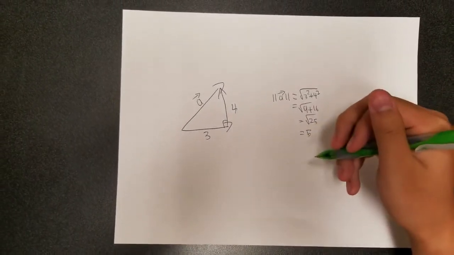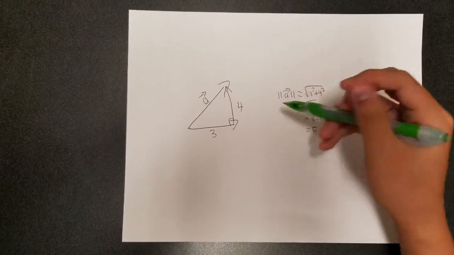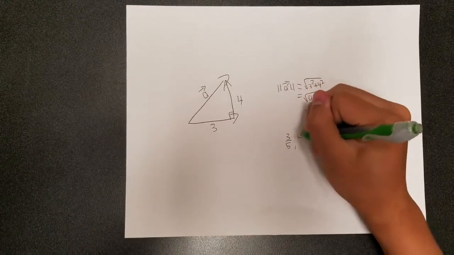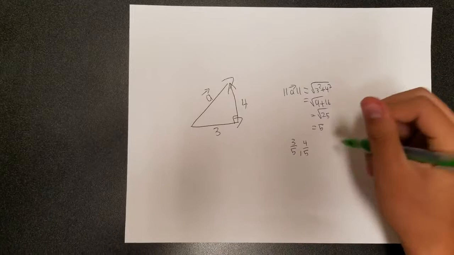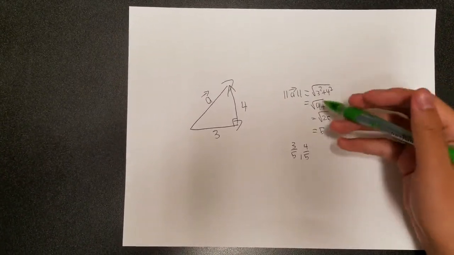So like we said before, for the unit vector we have to divide the components by 5. So we would get 3 over 5 and 4 over 5. And we would do the same thing as we did before to check for a magnitude of 1.